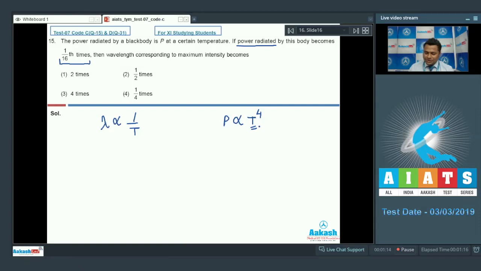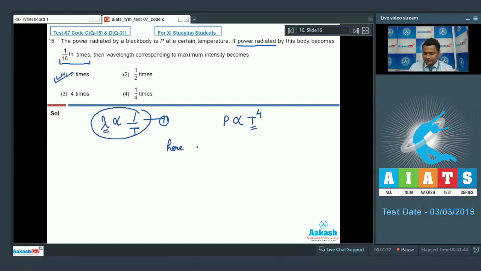And if absolute temperature is reduced to half, then according to equation number 1, we can say that the wavelength will be increased by 2 times. So we can say that this question is a combined application of Wien's law as well as Stefan's law. So that's why we will go with option number 1.